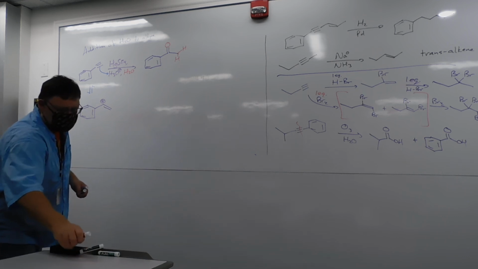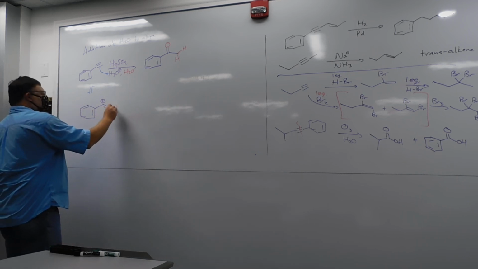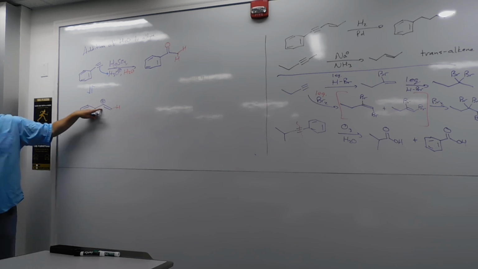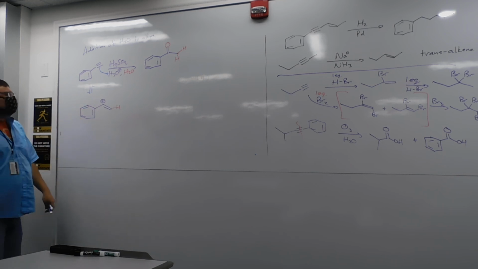One of our hydrogens is coming here. We add the hydrogen, we get the more stable vinyl cation. It's secondary, it's benzylic, but here's the thing, it's a cation on an sp2, it's an sp cation, which makes it quite unstable. And this is why we need the mercury. Formation of this cation is pretty slow.